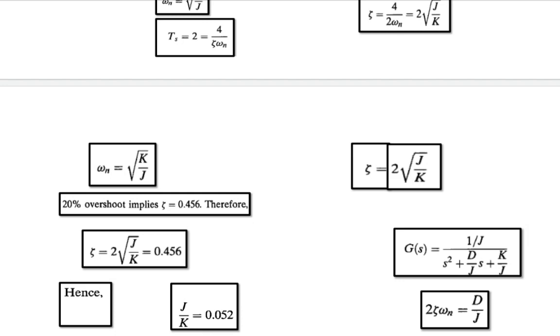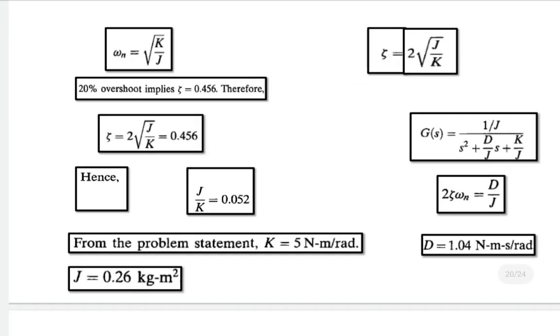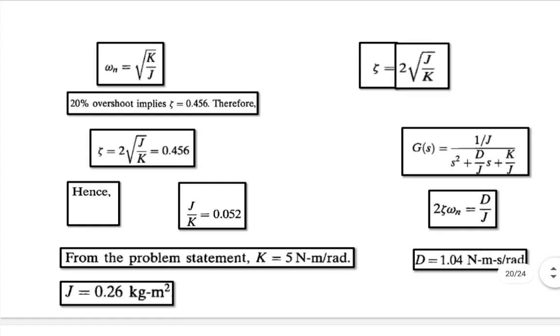Since xi is equal to 2 by root under J by K, equal to 0.456, J by K is 0.052. From the problem statement, K is equal to 5 Newton meter per radian, so substituting that value, J is 0.26 kg meter square.